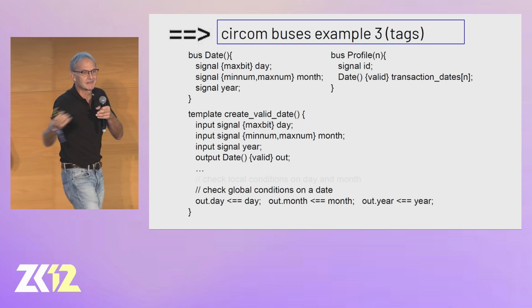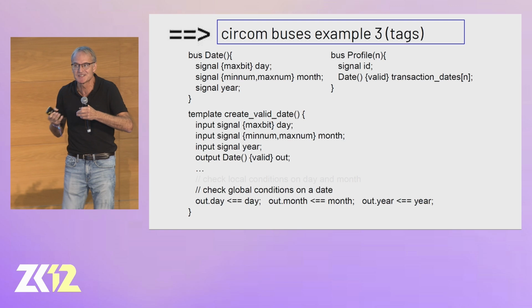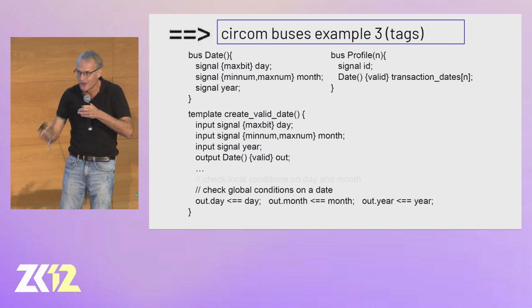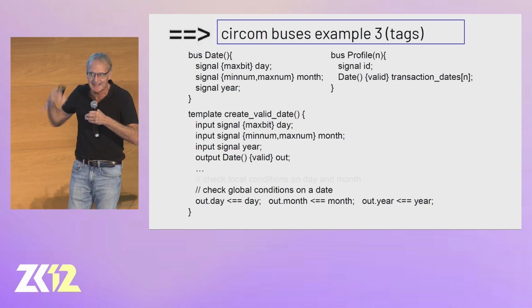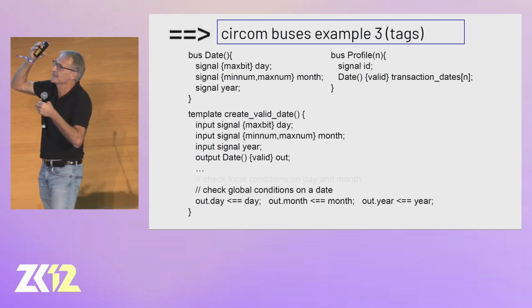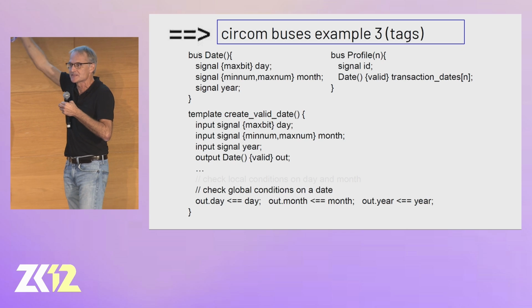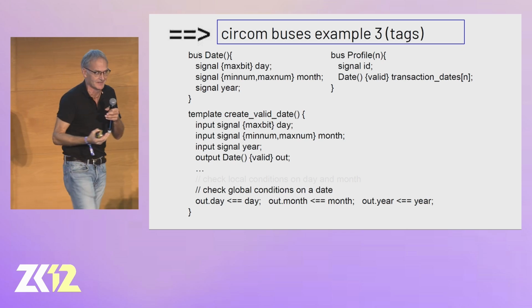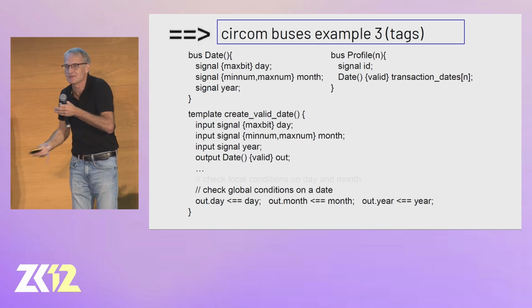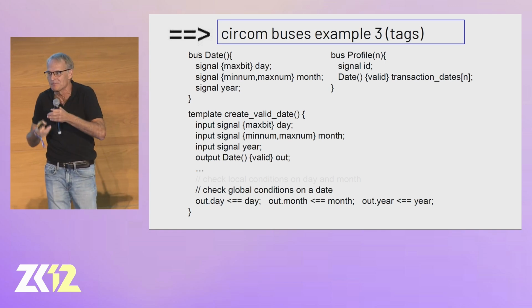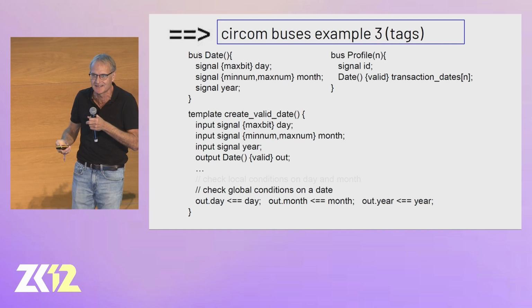You know, if you have built circuits many times, since you're not sure whether you know something or not, you keep adding the same constraints again and again and again. So using types and subtypes by means of tags, we avoid a lot of rechecking of things, which ends up with a better and more efficient circuit.